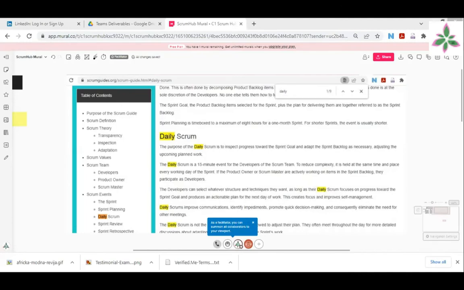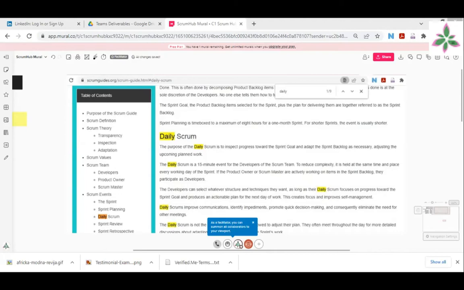So, according to the Scrum guide, the daily Scrum is one of the major Scrum events. Some people look at it as a mini planning session because it helps the team inspect progress and alignment towards the sprint goal. So I'll just read briefly what the expectation is from the Scrum guide.